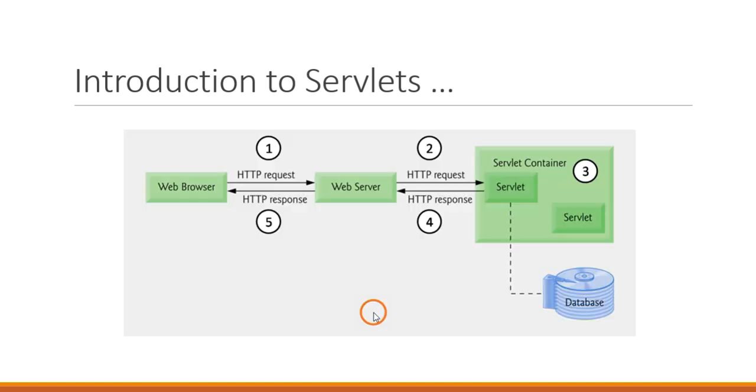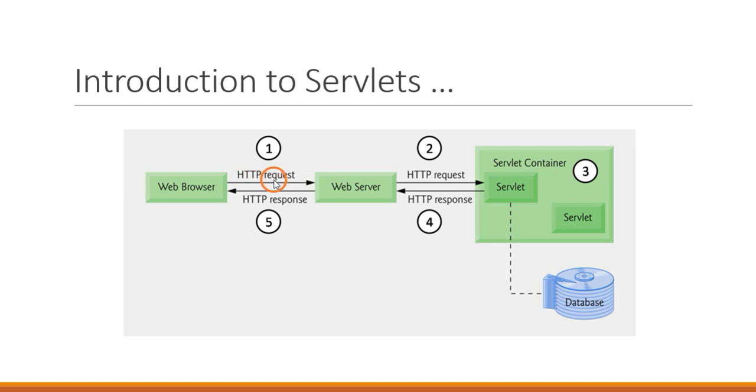Okay, right. Now these are the basic steps in which the client server model works along with servlets. So here is the client. Okay, the client uses a web browser to send requests. So in this case, we are using HTTP protocol for sending the request.